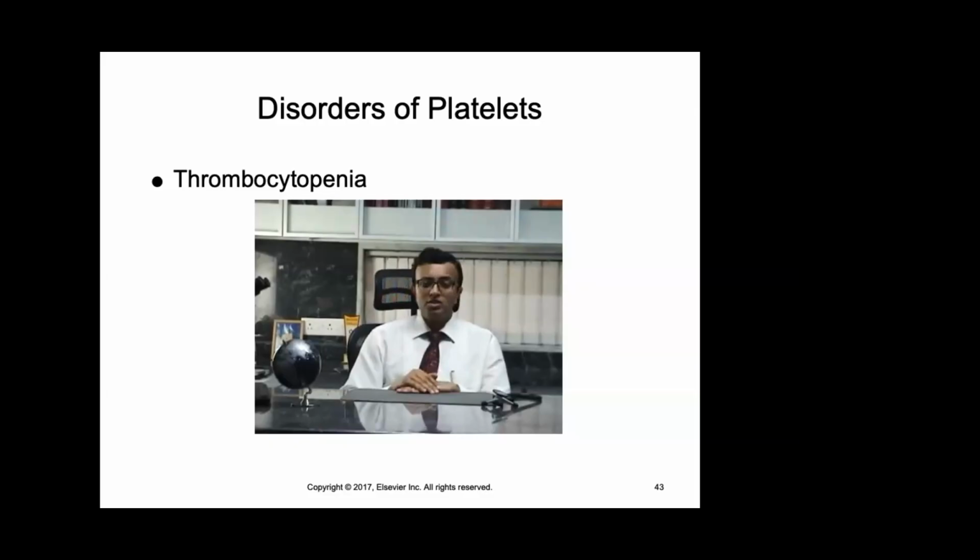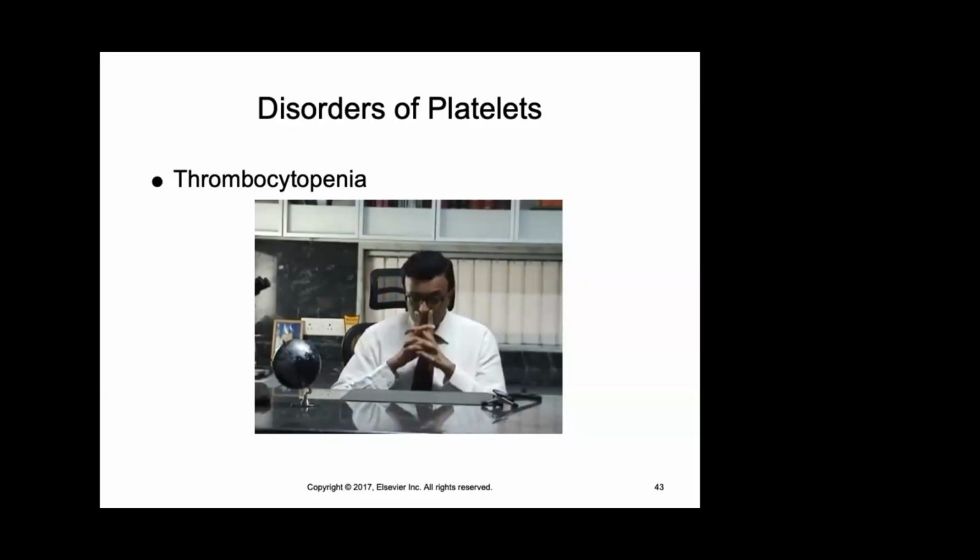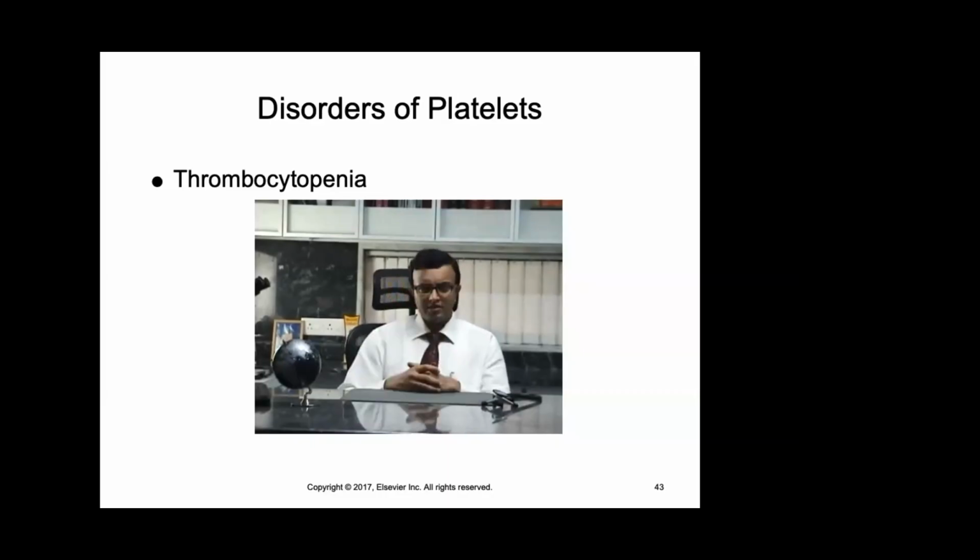So this is viral infection causing thrombocytopenia. The doctor will easily come to know and can suggest treatment for low platelet count for the same. The next common cause is drugs or any medications which you are taking or some other medical needs. Many drugs can lead to thrombocytopenia, and this should be kept in mind.